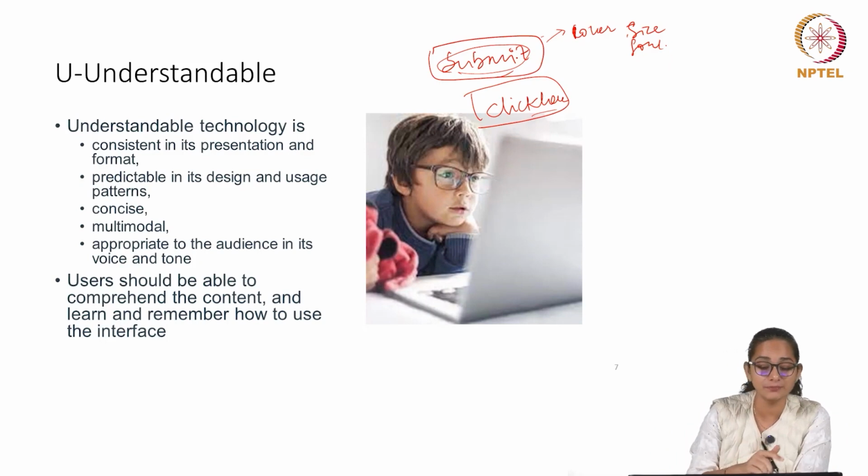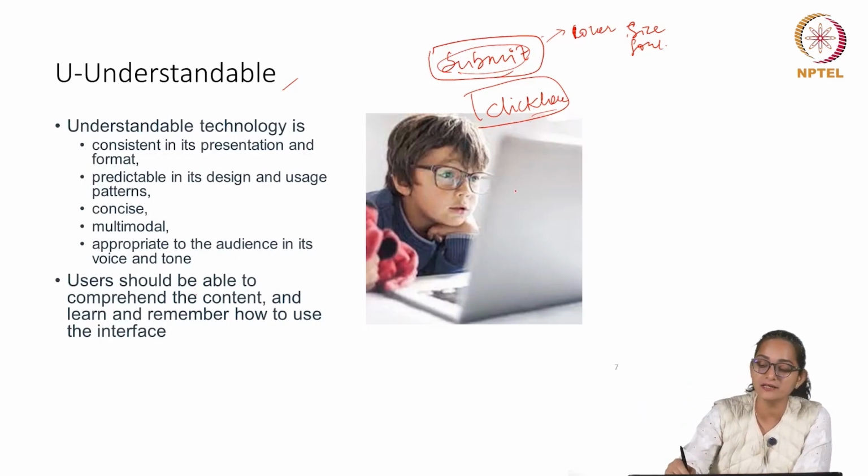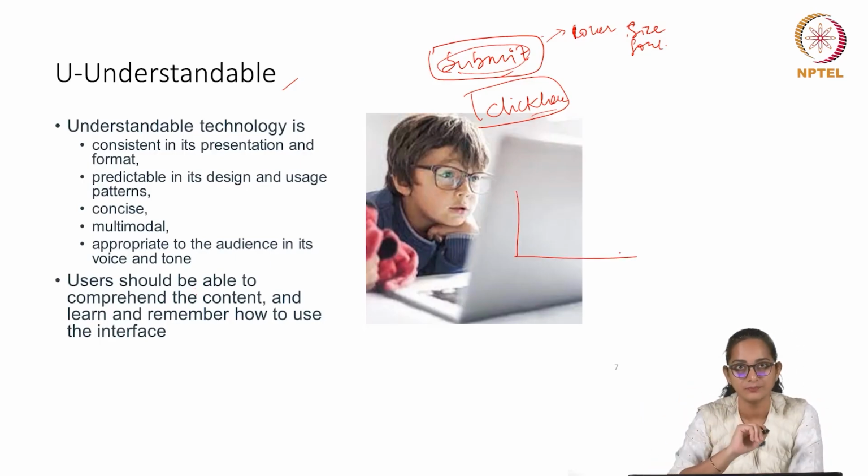So, basically the understandability says that users should be able to comprehend the content and learn, and it should be easy to learn. When we say easy to learn, or a flatter learnability curve, the learnability curve is how much time you take to learn. If it is very steep, then it is very, very difficult to learn.